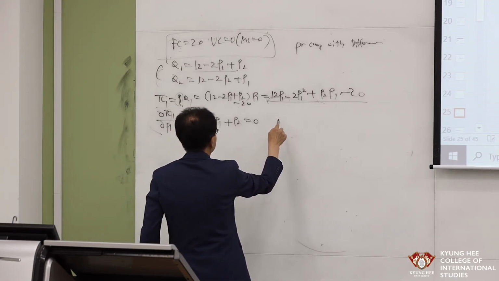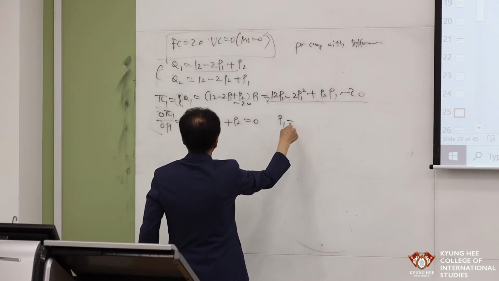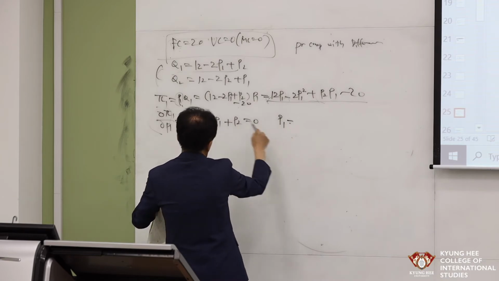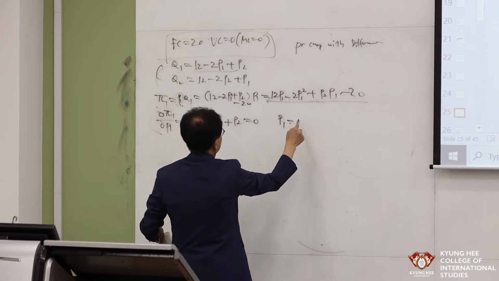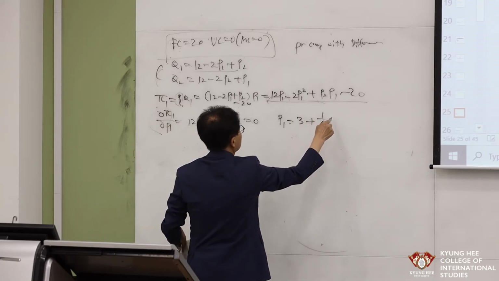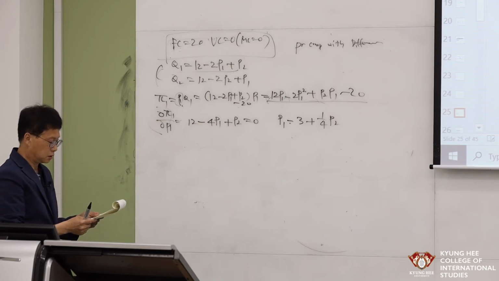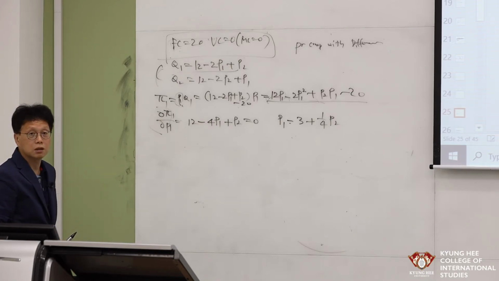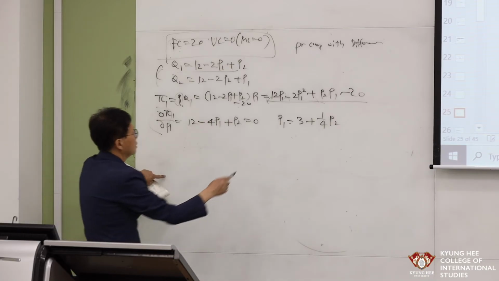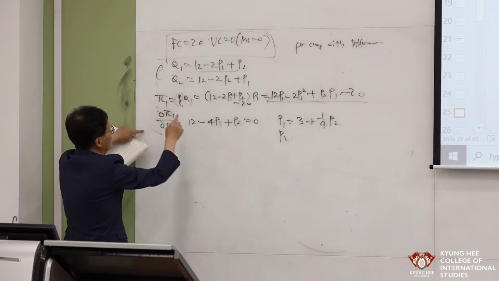From here we can construct the reaction curve for P1. P1 is equal to 3 plus one-fourth P2. Right? We can derive this kind of relation. So we can do the same thing for firm 2.